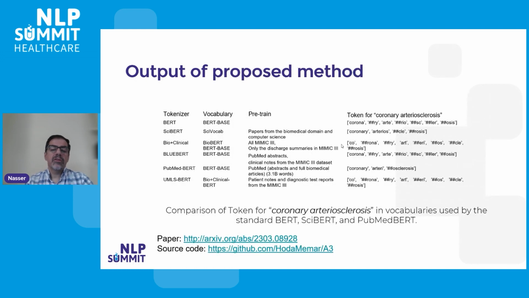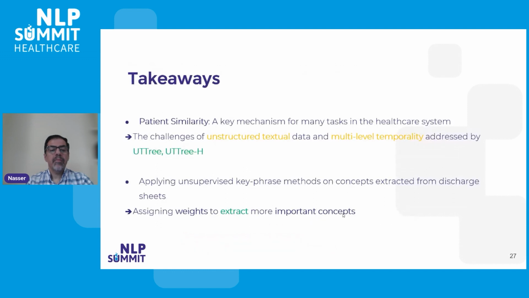Here you can see the result of our proposed method. As you can see, SciBERT produced more meaningful results, as we expect. You can see this paper, and the source code for both papers is available.